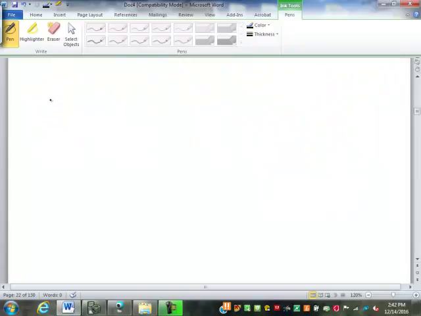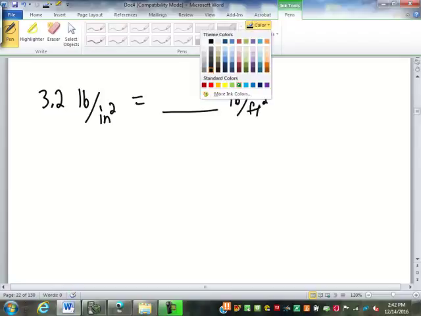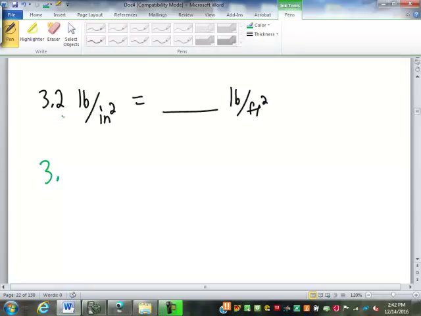We might have something that is listed as 3.2 pounds per square inch, or PSI. And we need to convert that into pounds per square foot. Well, 3.2 pounds per square inch is 3.2 pounds over 1 square inch.